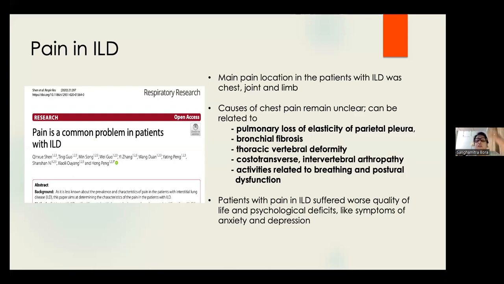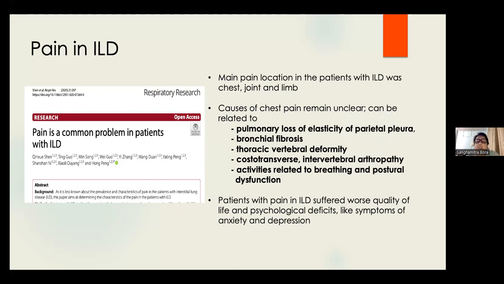Unfortunately, the cause of chest pain in ILD remains unclear, but it can be related to all these factors that I have mentioned, like the loss of elasticity of the pleura, some bronchial fibrosis, some vertebral deformity, and so on.